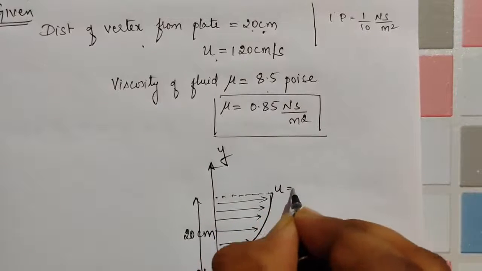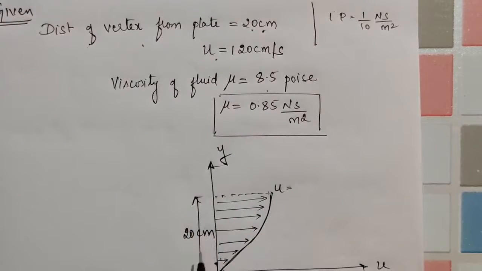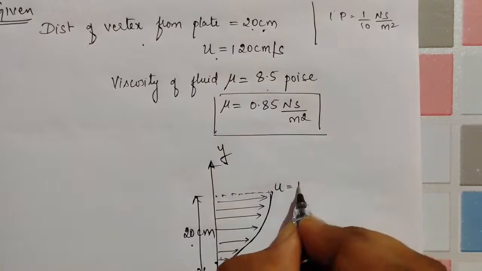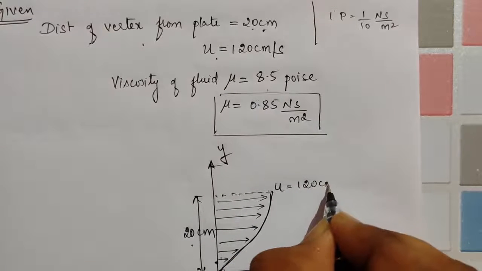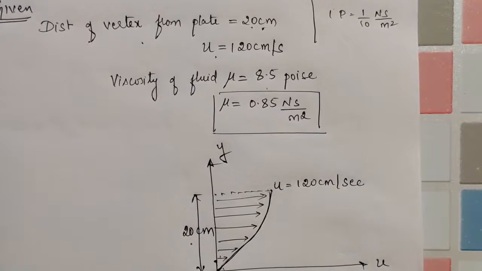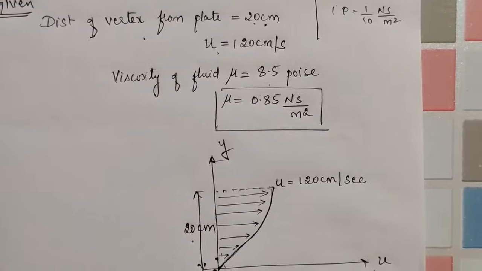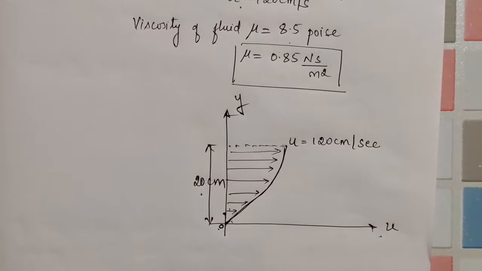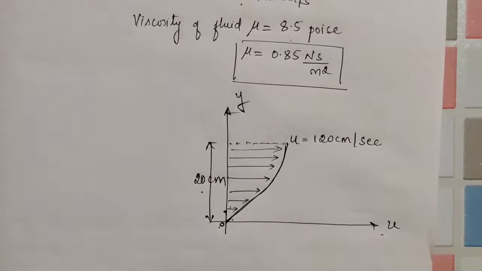So here when y is 20 centimeter, u is 120 centimeter per second. Okay, so this is the thing which we have to interpret from the given question.